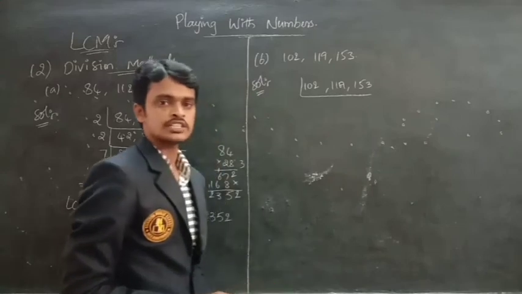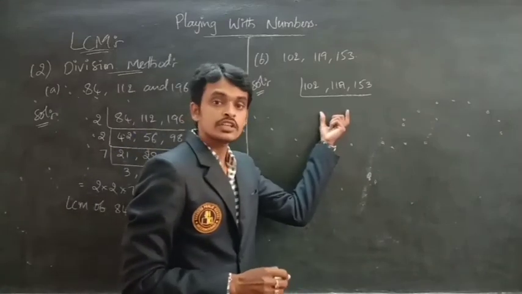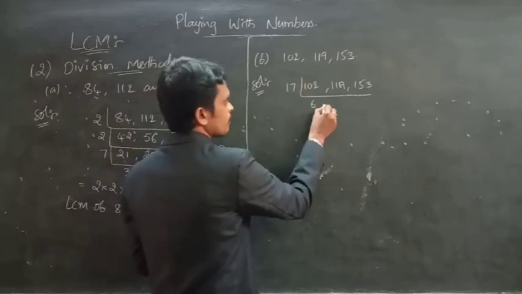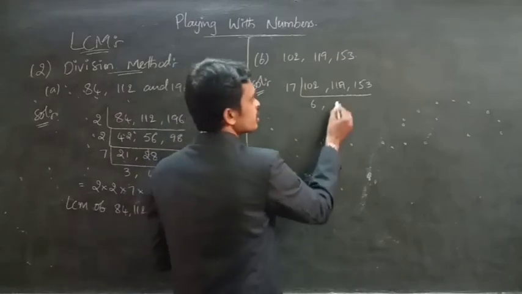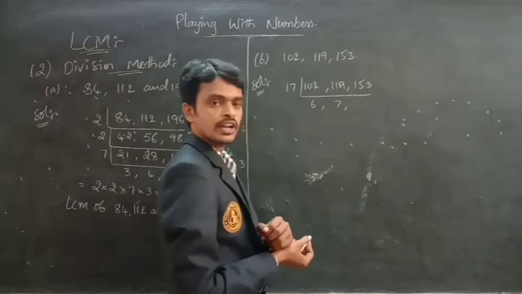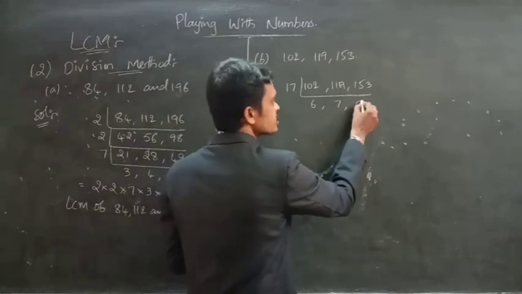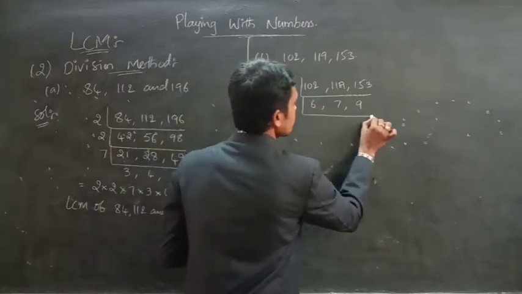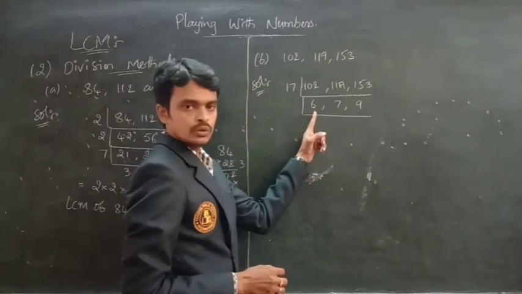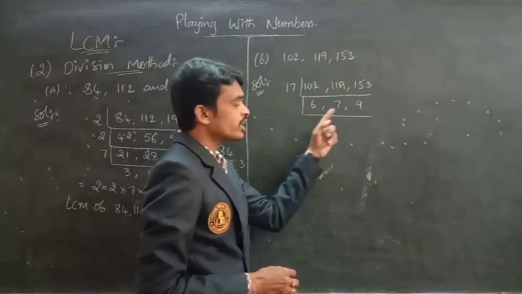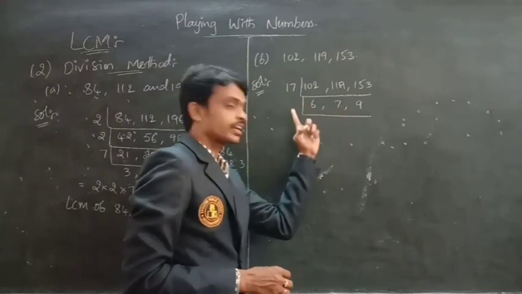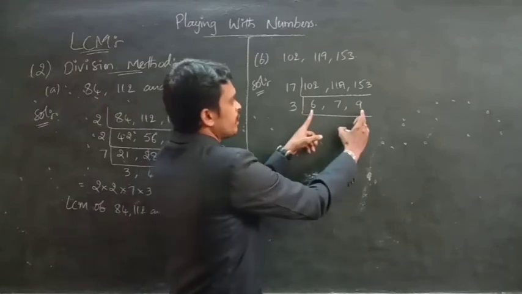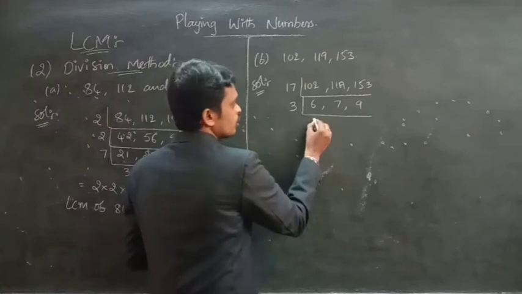These numbers will divide with 17. 17 sixes are 102, 17 sevens are 119, 17 nines are 153. Now next, can we take 2? No. Why? Because at least two numbers should be divisible by the number we take. So we can take 3. Yes, by 3 we can divide 6 and 9. So 3 twos are 6.